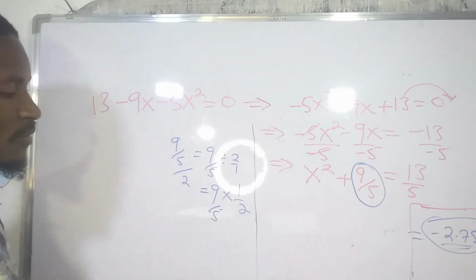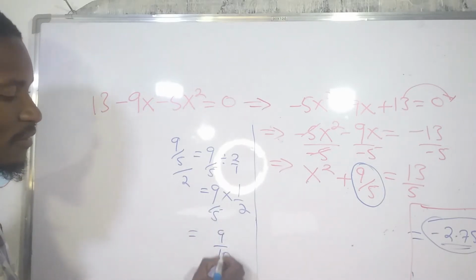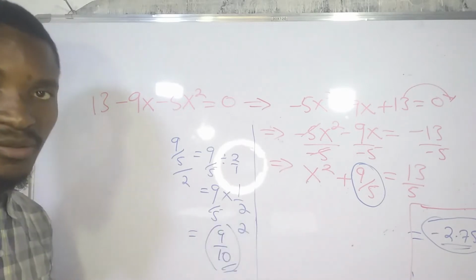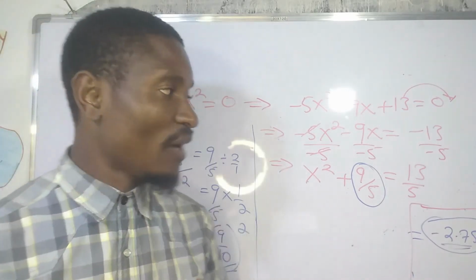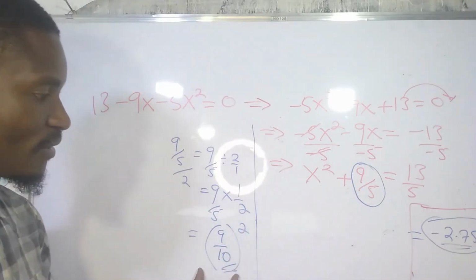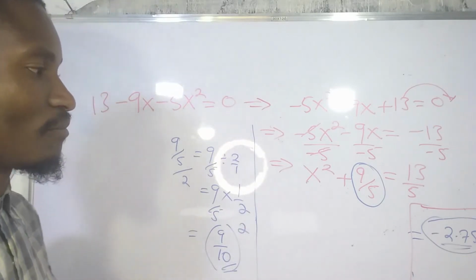Okay, so this will give us 9 over 10. And then this number, you square it, okay? So once you find half of 9 over 5, which is this one, then you square it, okay?